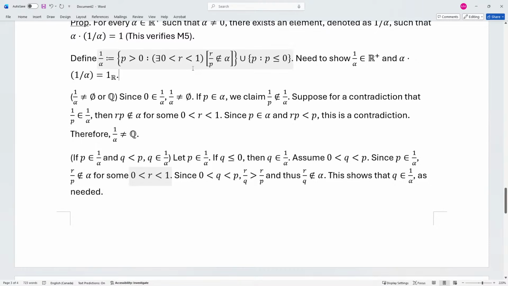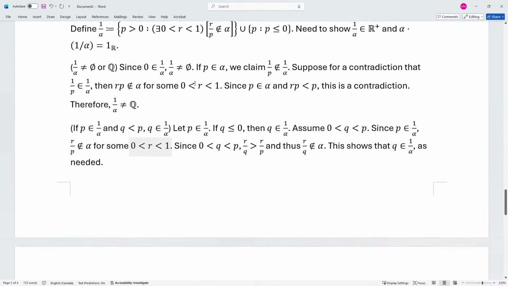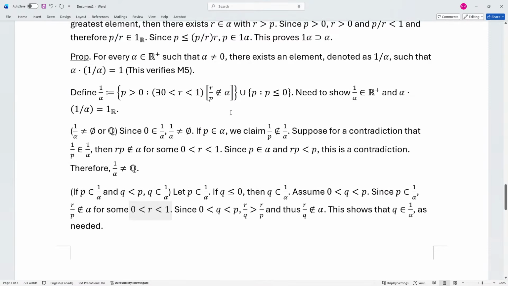Well, we want to show that there is something positive in 1 over alpha. I think it would be a good opportunity for a contradiction, no?